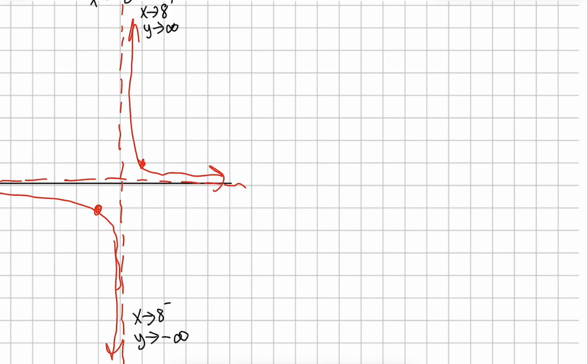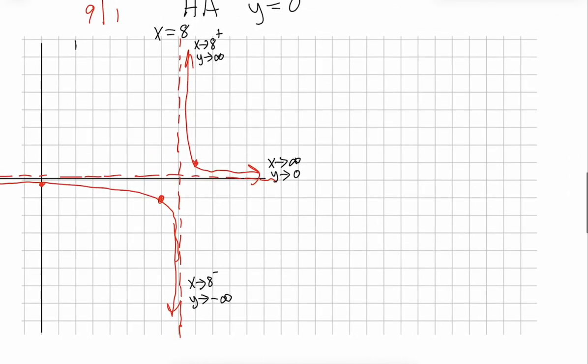Now let's talk about our end behavior. What are our far ends doing? As x goes to positive infinity, that just means right, our y heads to a height of 0. As x goes to -infinity, our y goes to a height of 0.